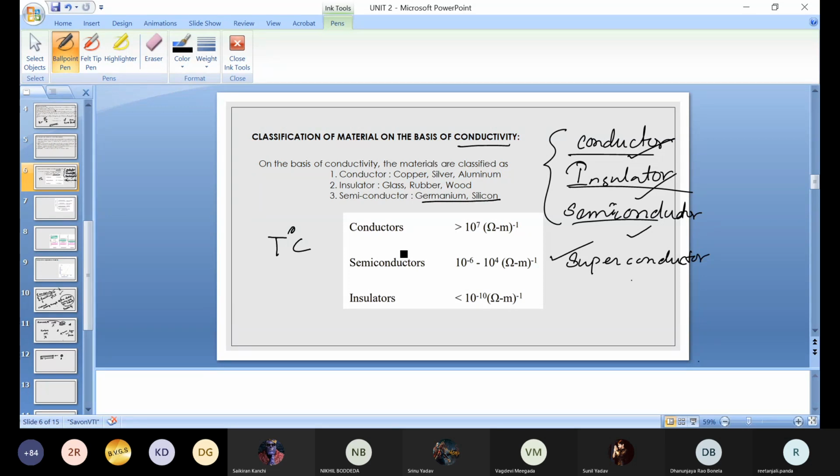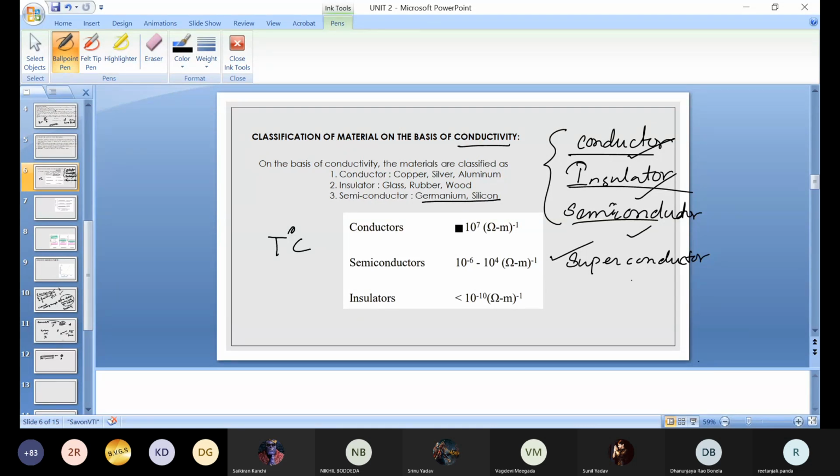So here, if we have a conductor, its conductivity is going to be more than 10 to the power 7 ohm meter to the power minus 1. Similarly, if the conductivity range falls between 10 to the power minus 6 to 10 to the power 4, then it will be a semiconductor. And if it is less than 10 to the power minus 10 ohm meter to the power minus 1, then it will act as an insulator.